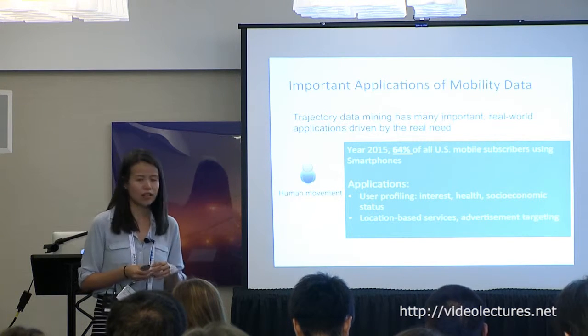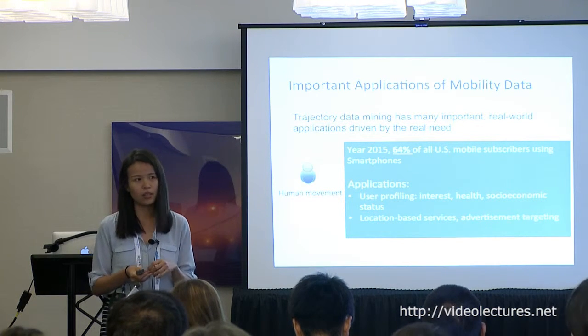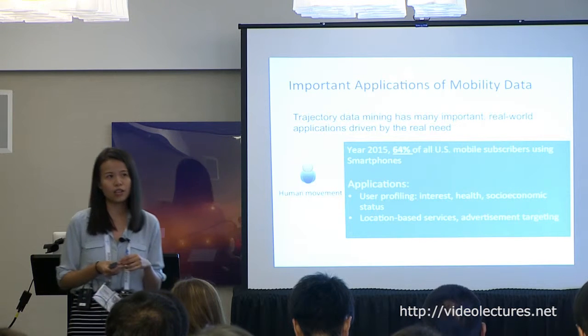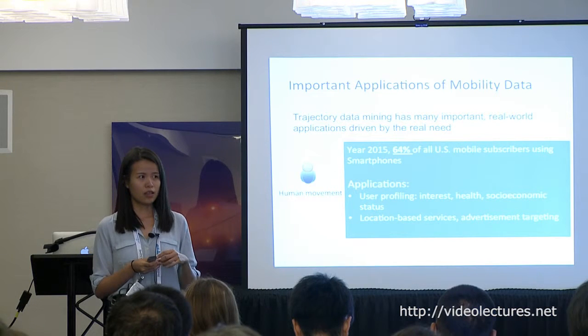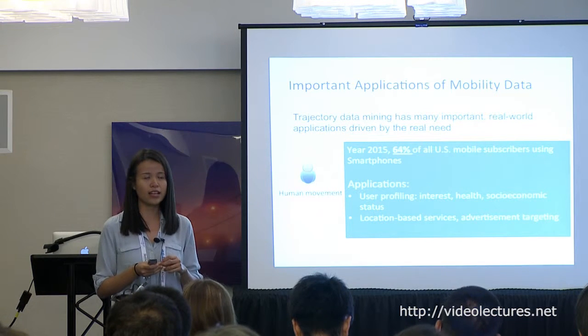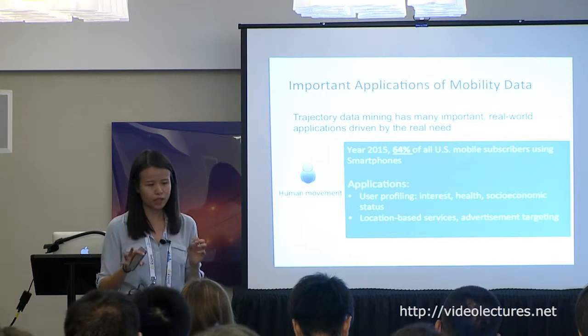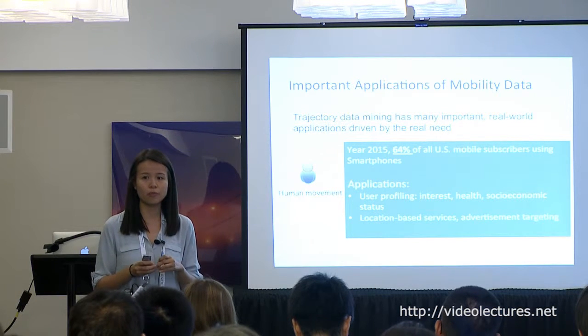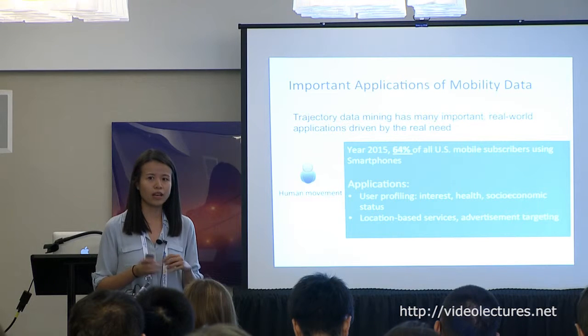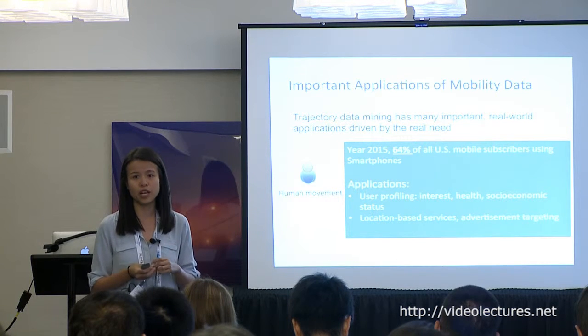Definitely for the business side, the good thing is they can better profile your interest based on where you actually go, the physical activities you have. On the other side, there are also very interesting collaborations. For example, I have a project where I collaborate with a social scientist at Penn State. Our project basically collected human movements in Chicago, of people who have lower socioeconomic status and also some health problems, for example, diabetes.